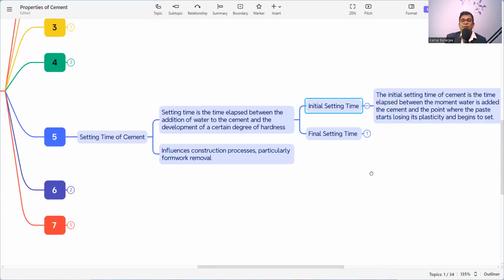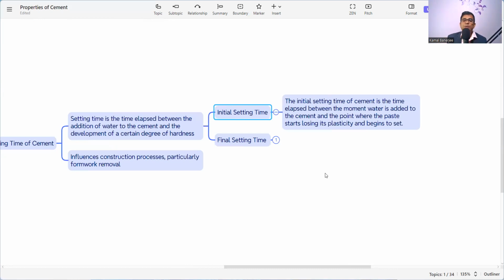The initial setting time of cement is the time elapsed between the moment water is added to the cement and the point where the paste starts losing its plasticity and begins to set. Whenever we add water, the cement paste becomes plastic, and when it starts losing that plasticity, it is called the initial setting time.